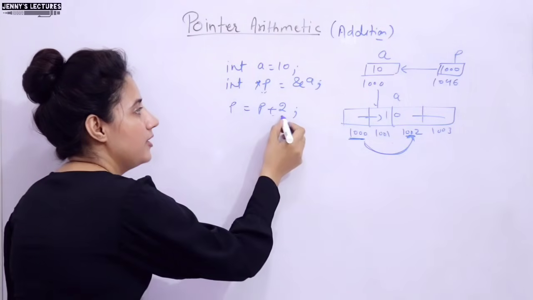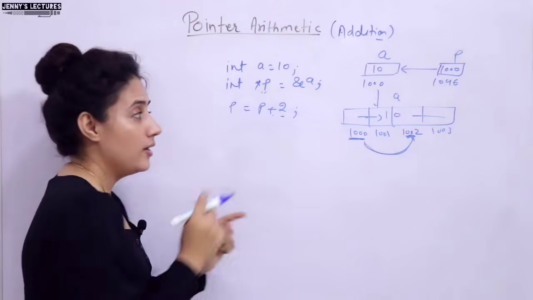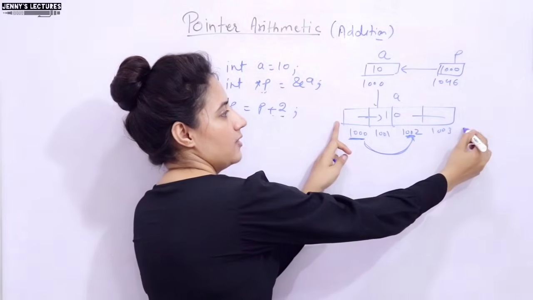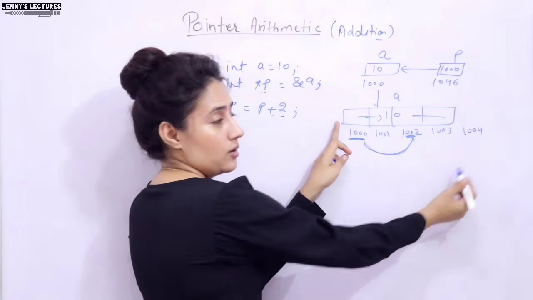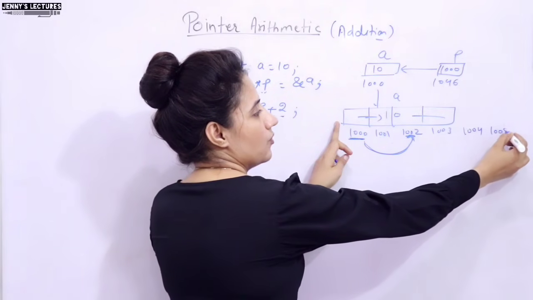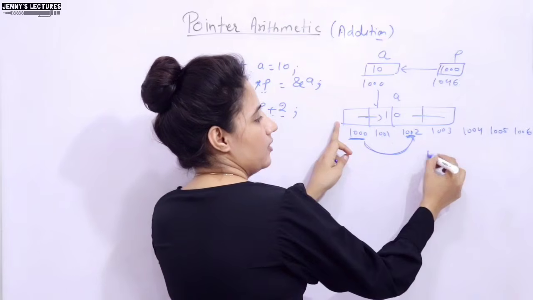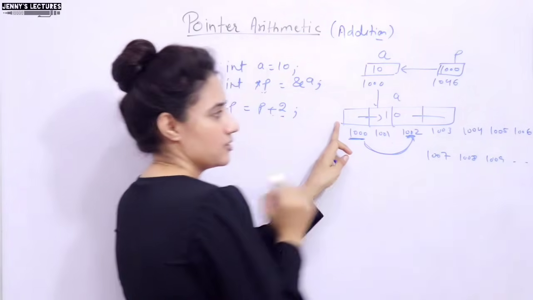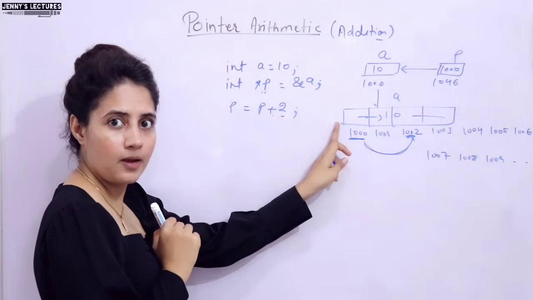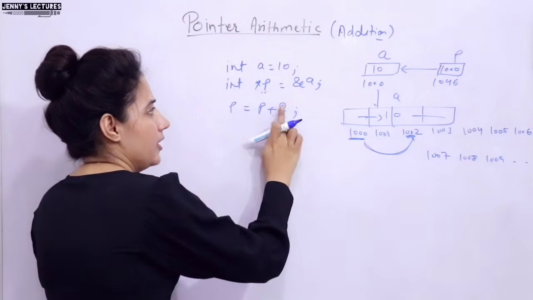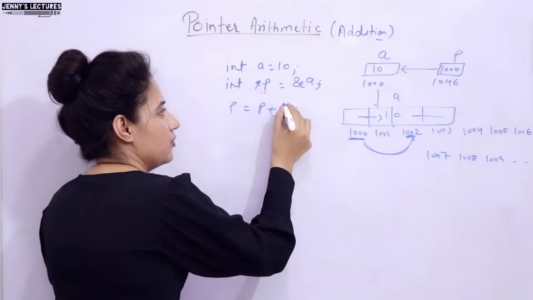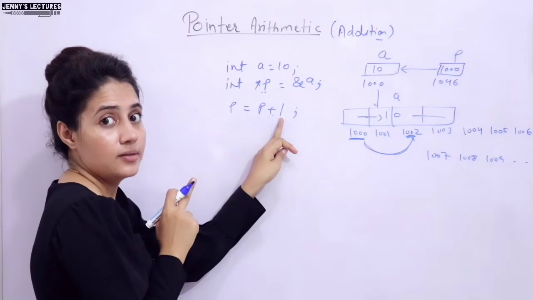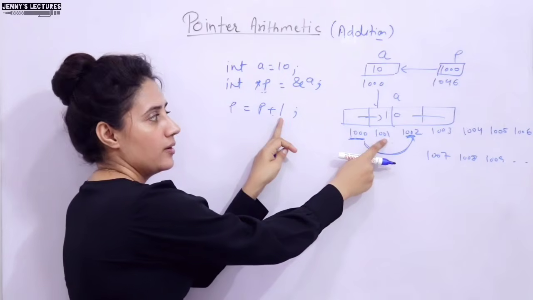The next memory locations would be 1004, 1005, 1006, 1007, 1008, 1009, something like this. Let me first add 1 here. If you add p + 1, then it is not 1001.